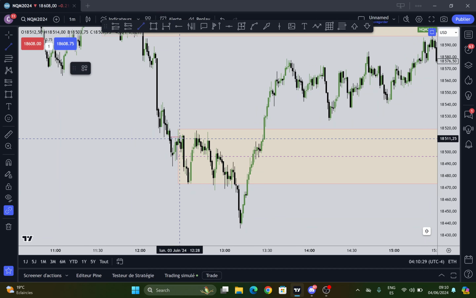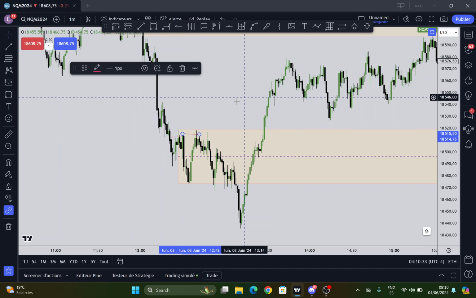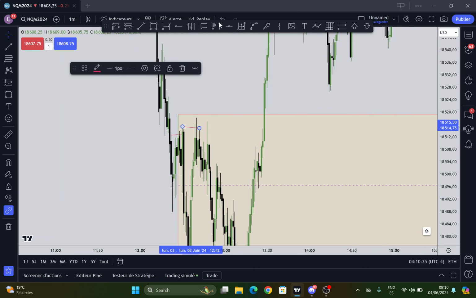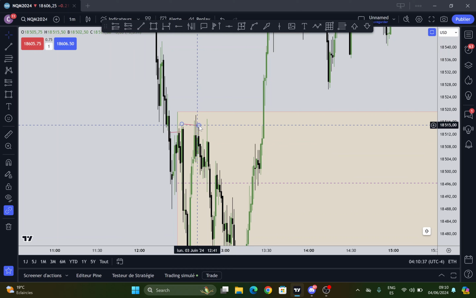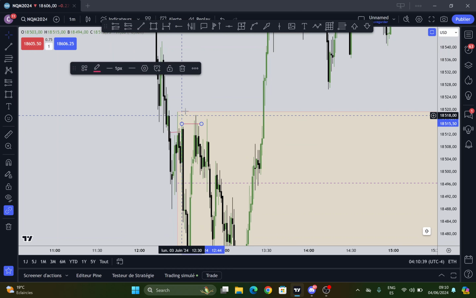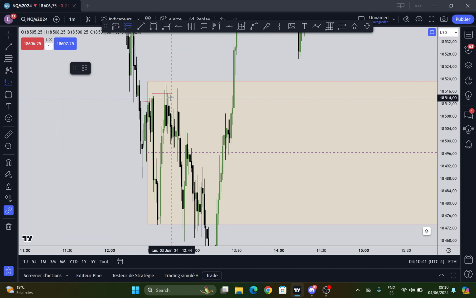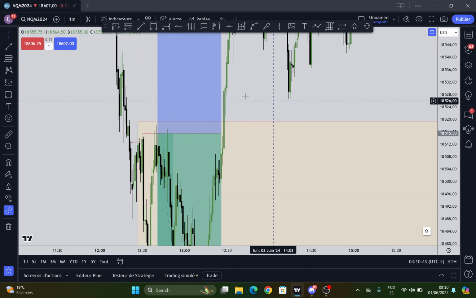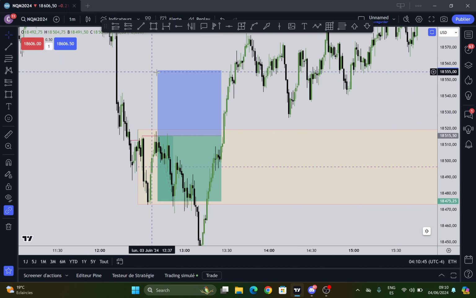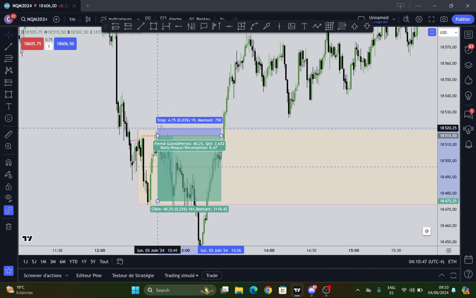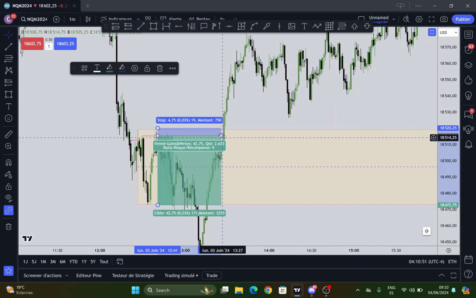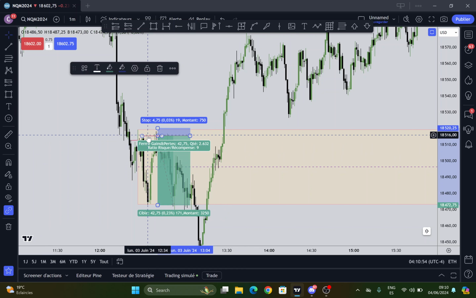So the inducement or the liquidity for this zone is here, right? So when the liquidity is here and price is here, I just take it aggressively because I accept the risk, you know, the RR is crazy. So I just take it like that. I always take it because look, that's a 9R trade, right? I never miss. The stop loss is so small, I take it aggressively, right?